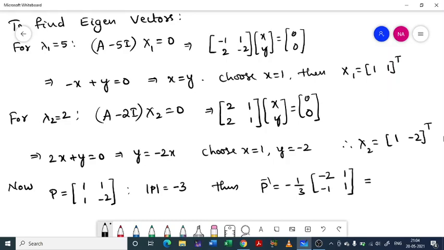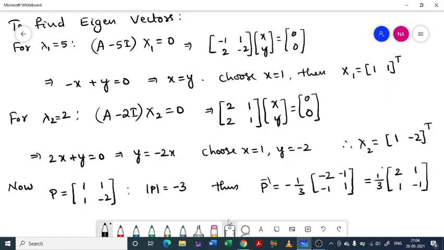I think there is a mistake, yes, here I forgot minus 1. So interchange diagonal entries: minus 2, 1, minus 1, minus 1. Now it is correct. So P inverse is 1 by 3 times [[2, 1], [1, minus 1]].